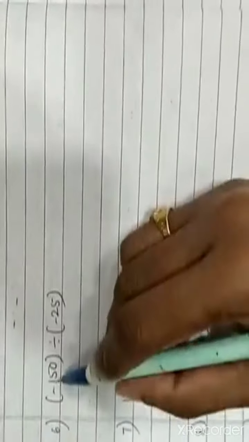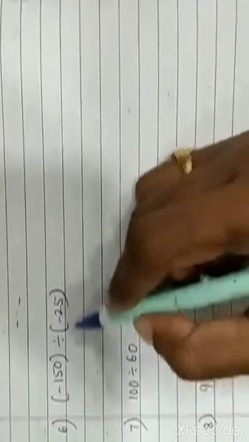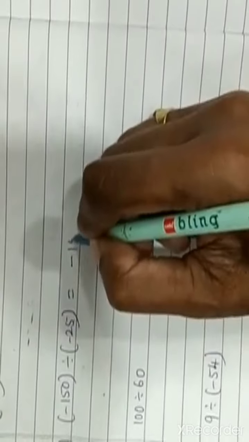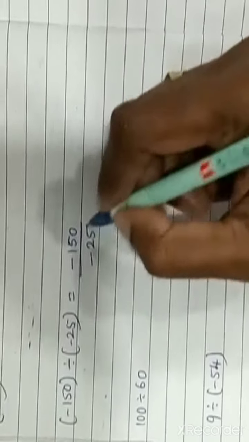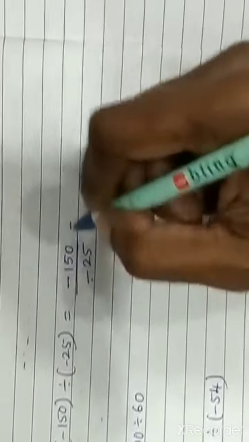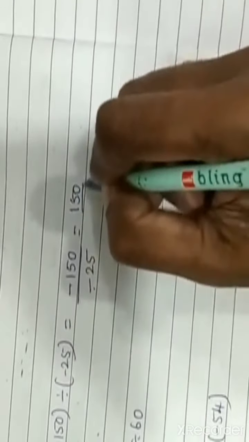Now the third, fourth and fifth sums I am giving you as homework. We'll see the sixth sum, with 2 numbers with minus sign. We are dividing 2 numbers with minus sign: minus 150 upon minus 25. The minus minus becomes plus. So what we will do? 150 upon 25.